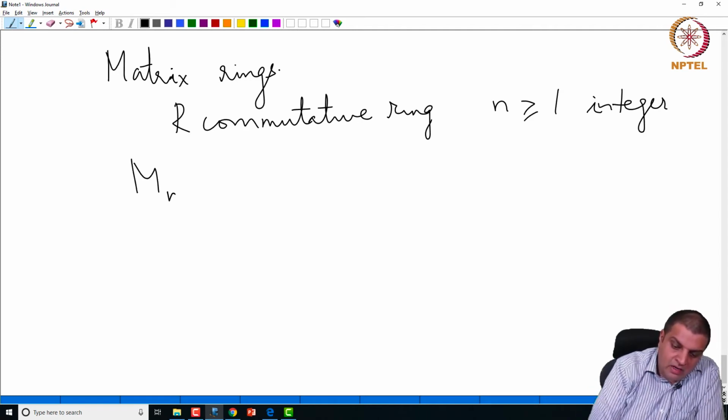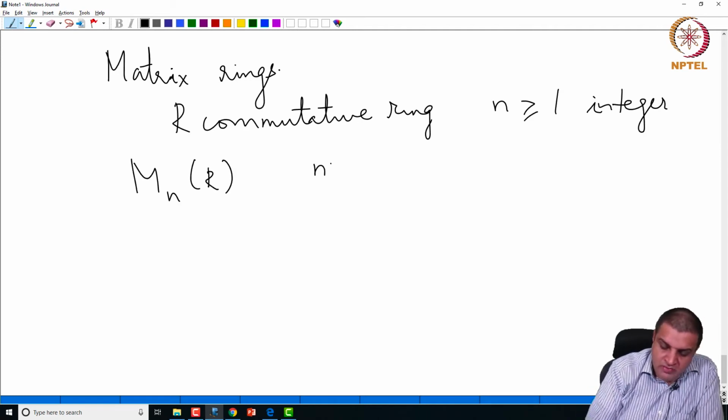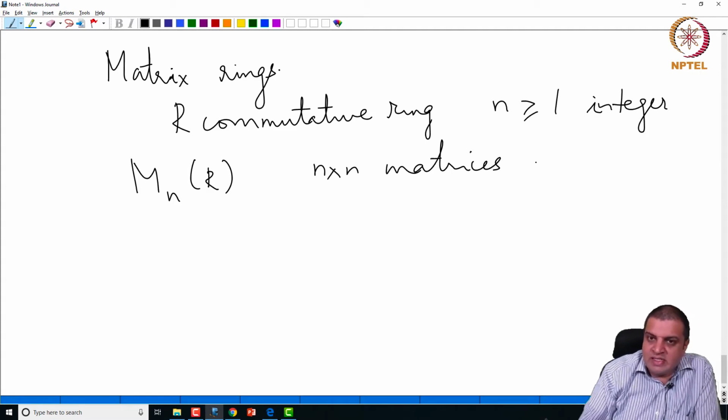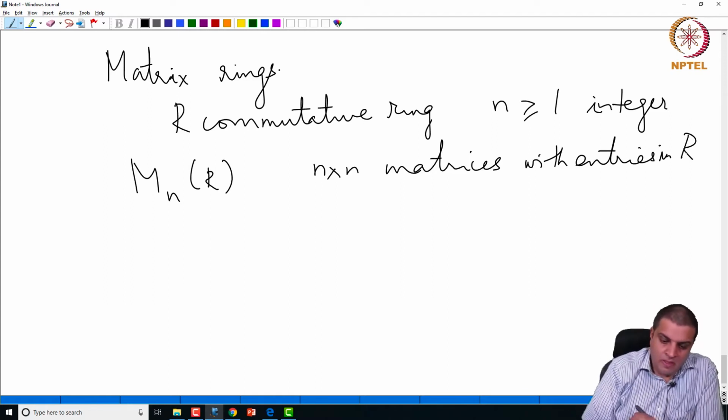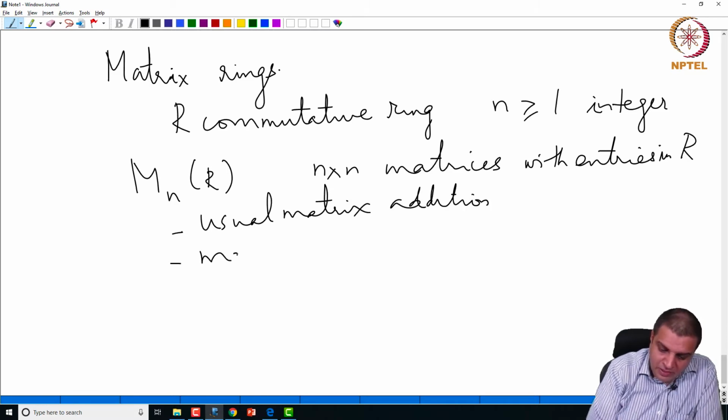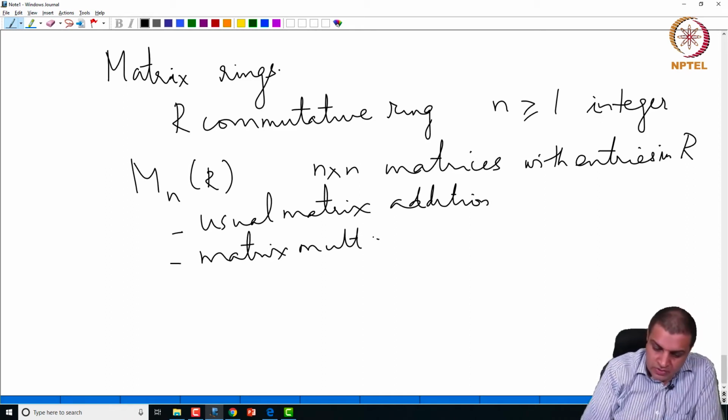By M_n(R), we mean the set of n by n matrices with entries in R, with the usual matrix addition and matrix multiplication. With these two things, it becomes a ring.